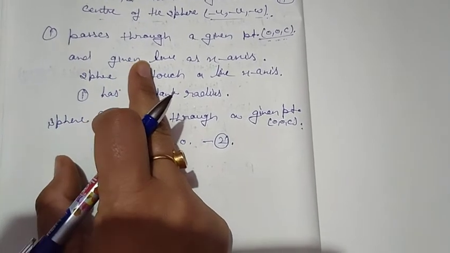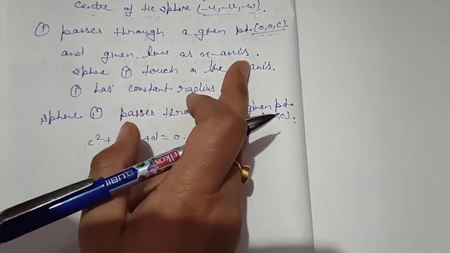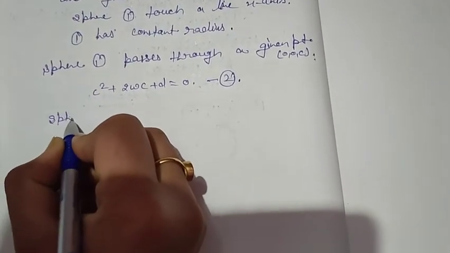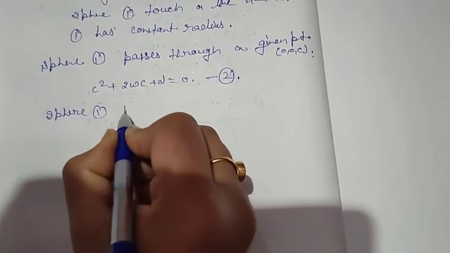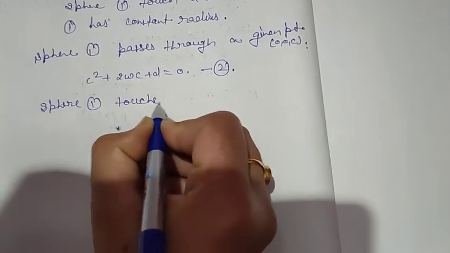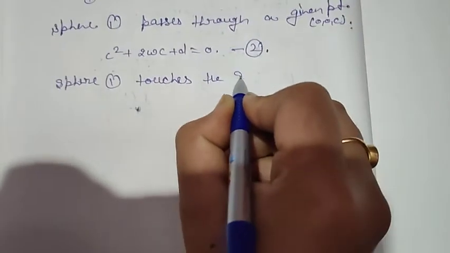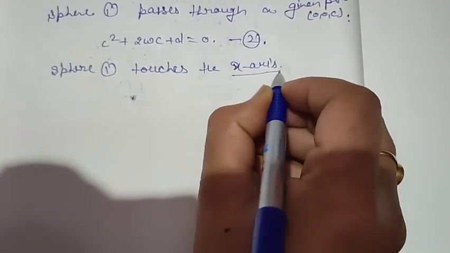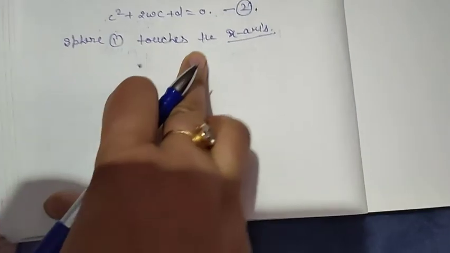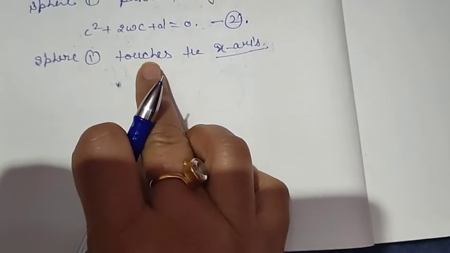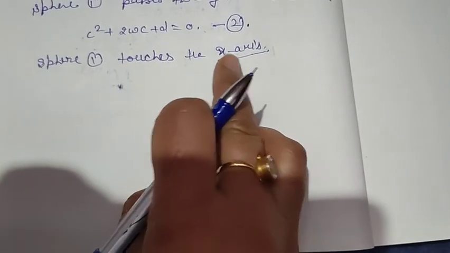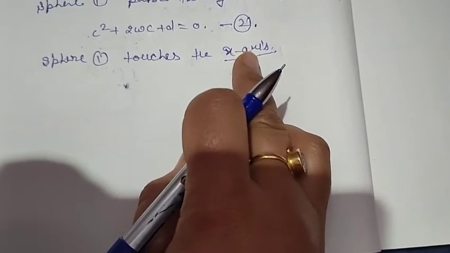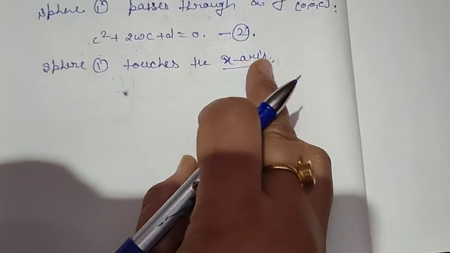Second point: the sphere touches the given line, the x-axis. When this sphere touches the x-axis, it touches at a point on the x-axis, where y and z are 0.